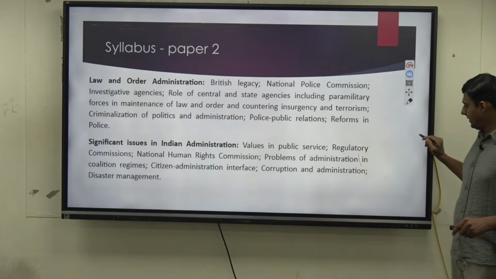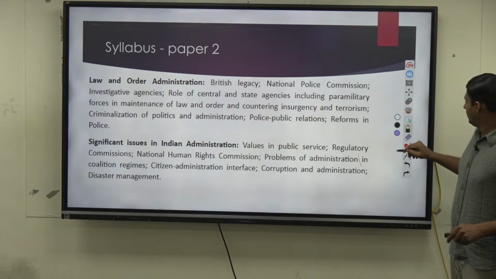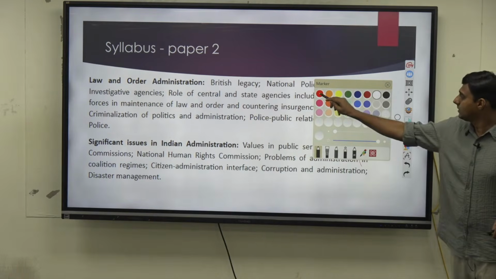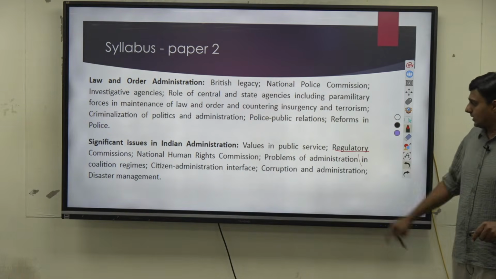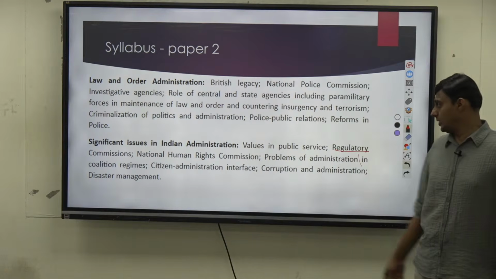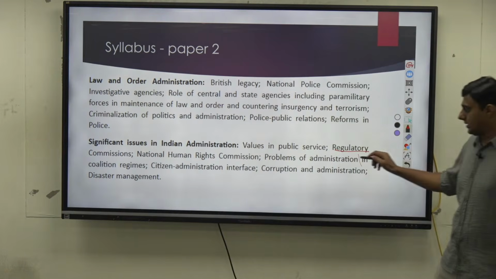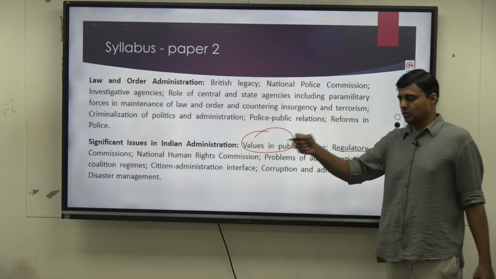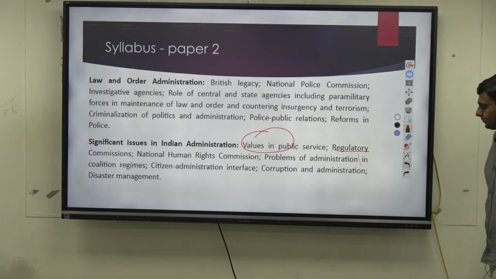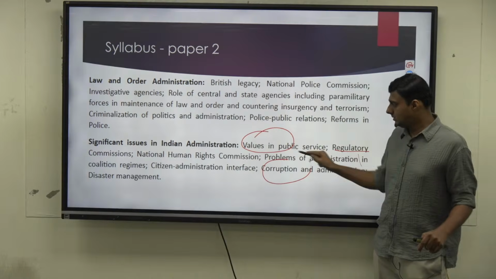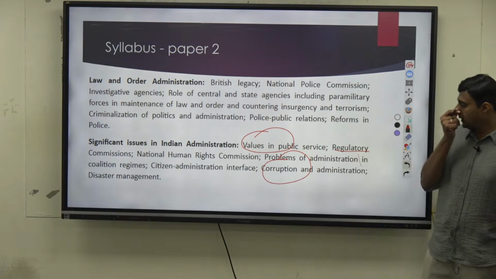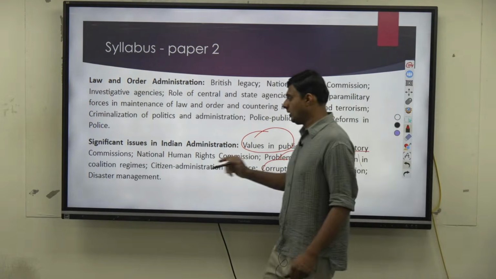Regulatory bodies means you will have an idea, right? Yeah, exactly, your RBI, SEBI, everything, those regulatory bodies. And then values, this is your ethics. Mostly we study about corruption, but linked to that. All of that is here, and even this we study there itself in polity also.